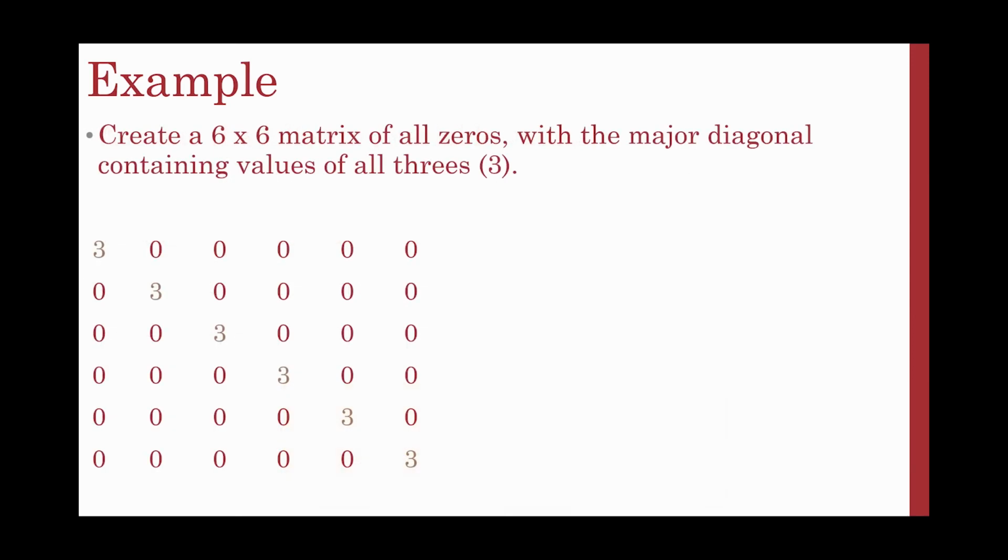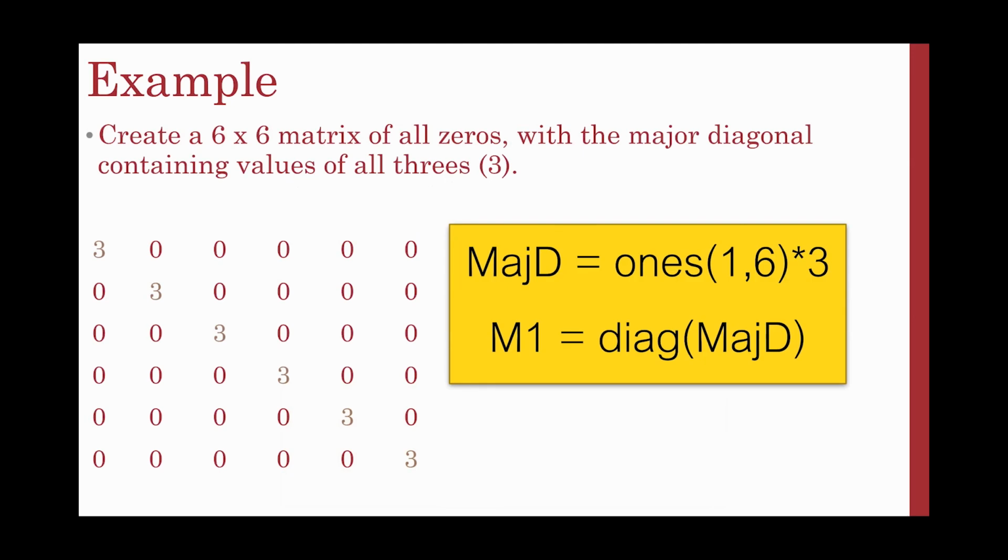I want to create a matrix that is 6 by 6 of all zeros with the major diagonal containing the values of 3. What am I going to write? There are multiple ways to do this. One way is to create the major diagonal, which is equal to ones(6,6), which is going to create a 6 by 6 matrix with the value 1 everywhere, and if I multiply by 3 it will be 3 everywhere.